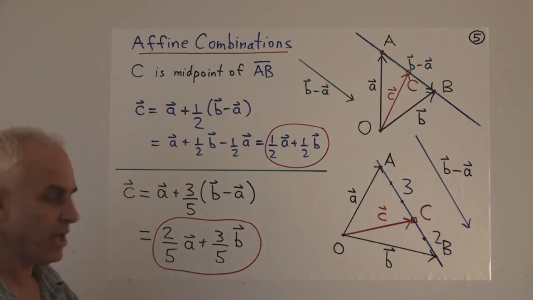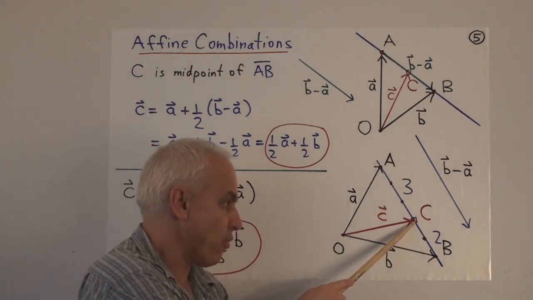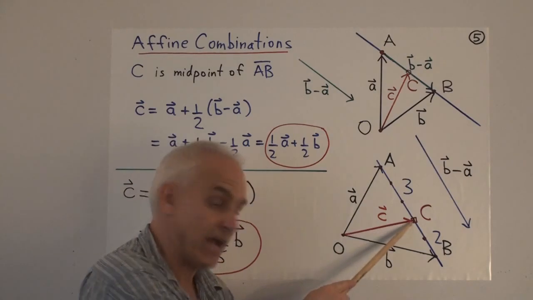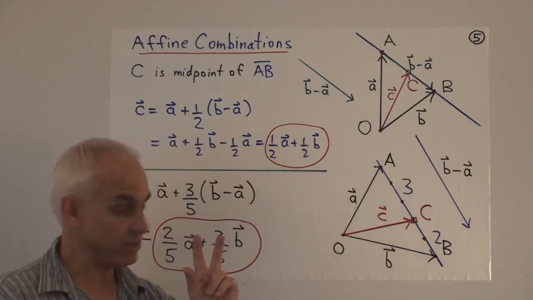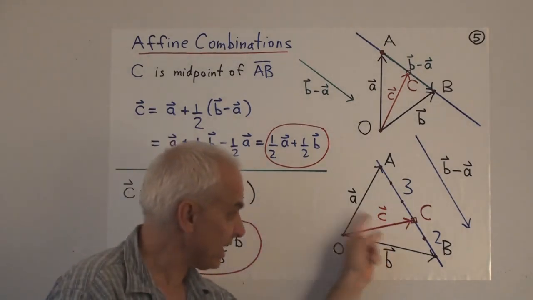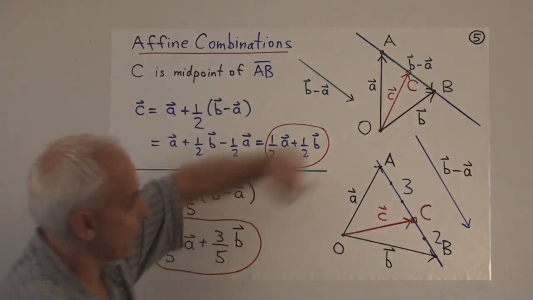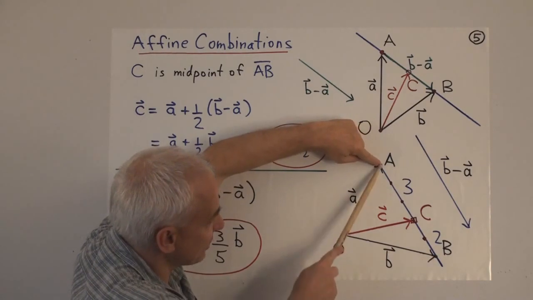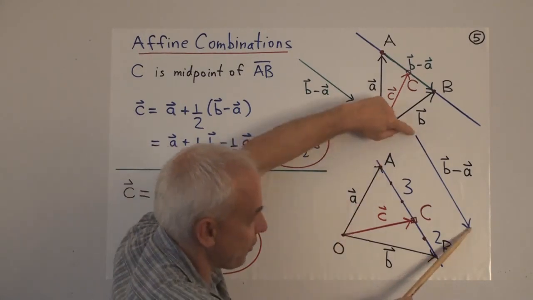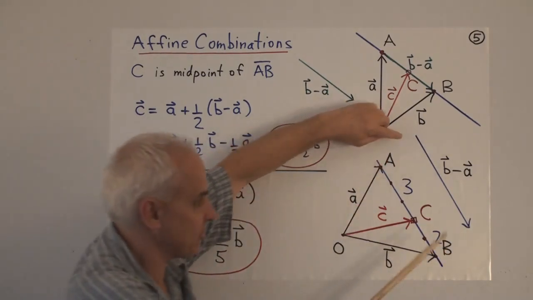And again, what we want to do is describe this point C by describing the vector c from our observation point. And we want to express c in terms of the vectors a and b. And again, as before, the vector joining A to B, which is this vector here, I've written it over here so you can see it more clearly, it's the same vector.